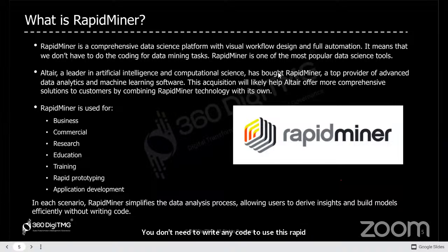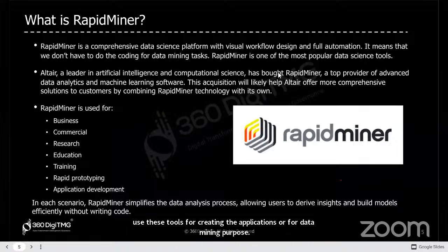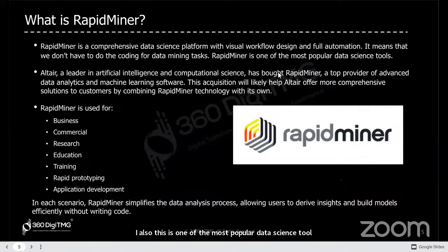So it is accessible to a wider range of people who don't have any programming knowledge or background. They can still use these tools for creating applications or for data mining purposes. It is also one of the most popular data science tools, and it is under the leadership of Altair. The acquisition by Altair, a big player in the world of technology, brought in RapidMiner.